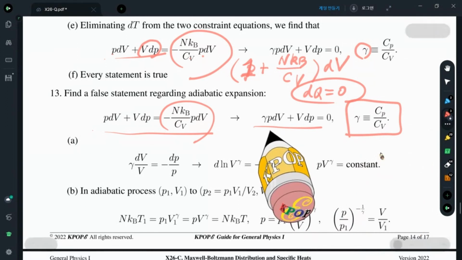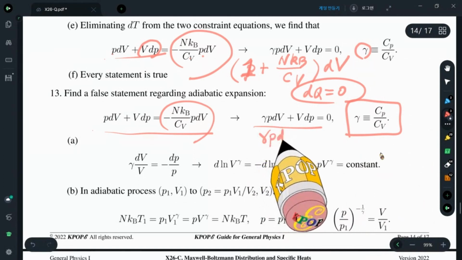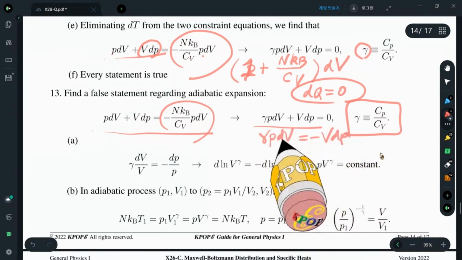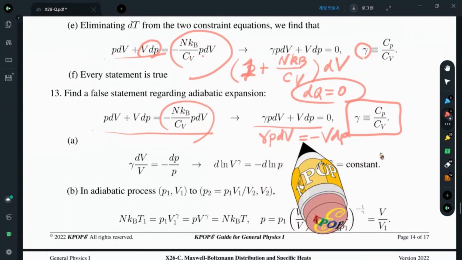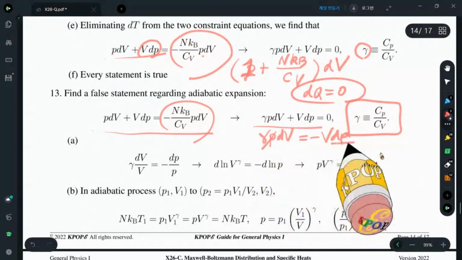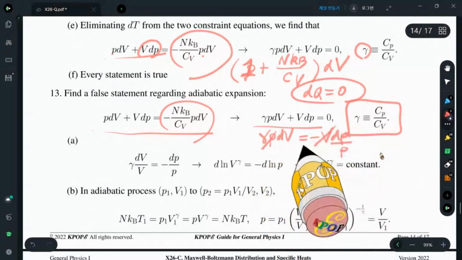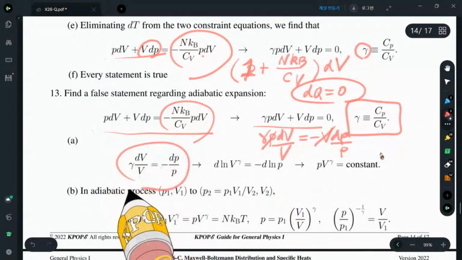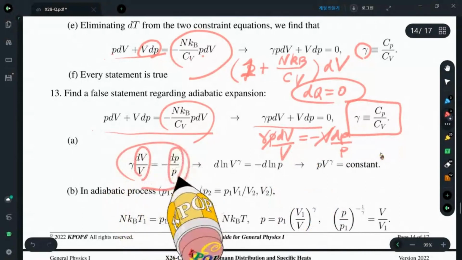From this expression, we can rewrite this one into this. Divide both sides by PV, then this one appears in the denominator, and this one appears in the denominator. So we have this, and both of them are logs.